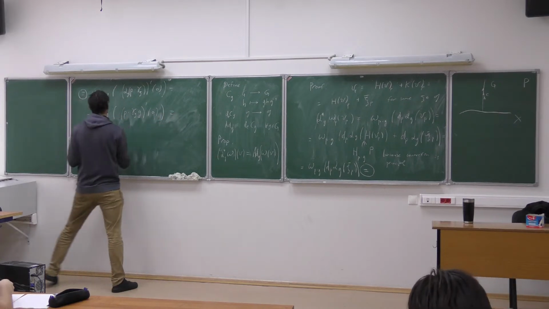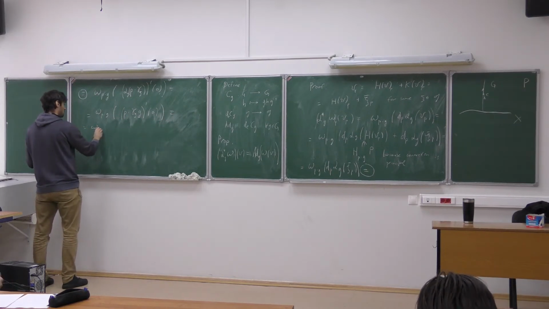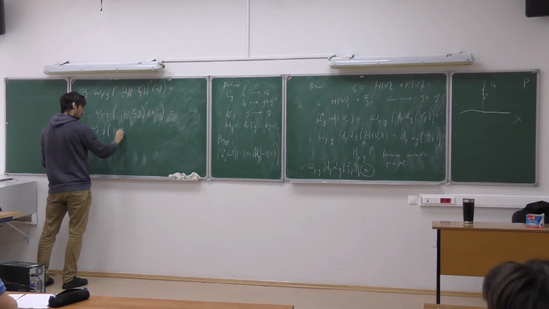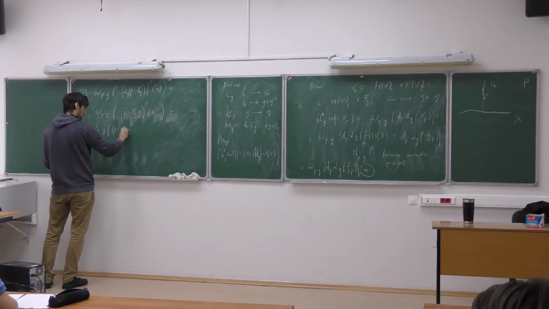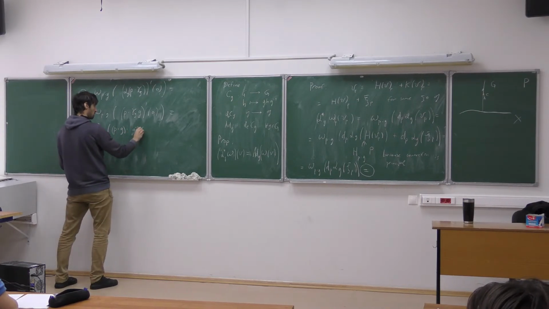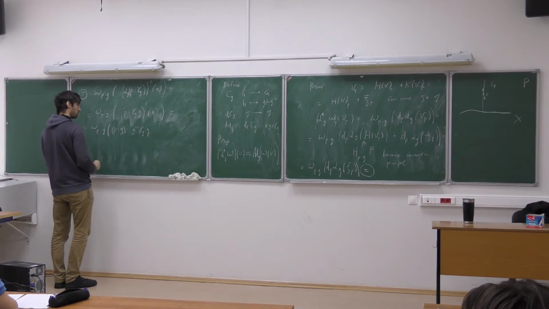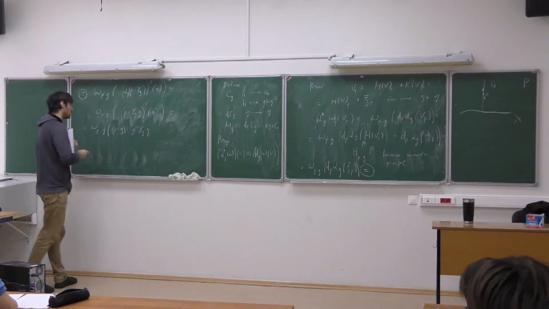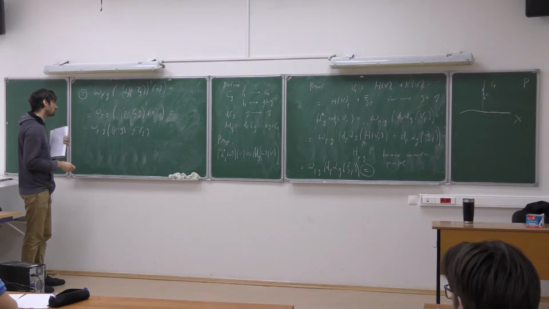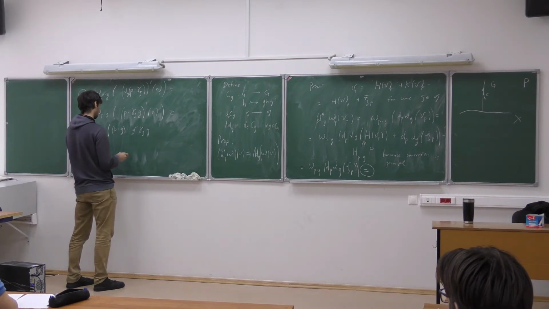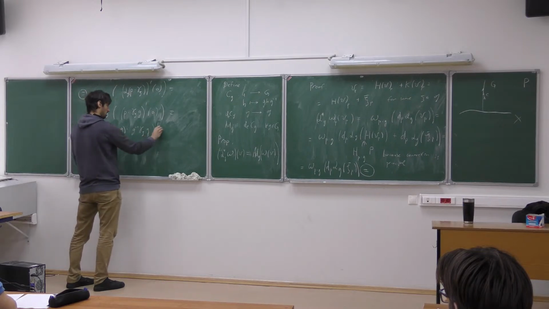So I get omega at P dot G of P dot G applied, and then dot G inverse gamma psi G, and then I need to take prime at 0.